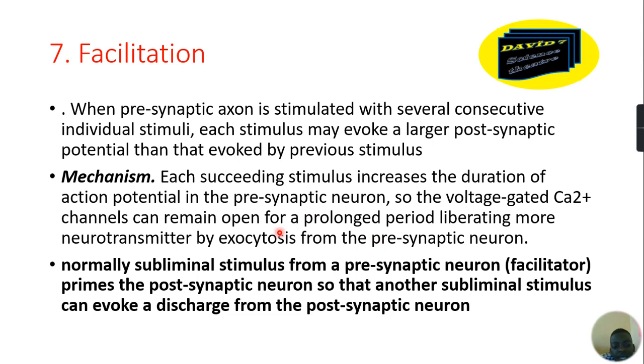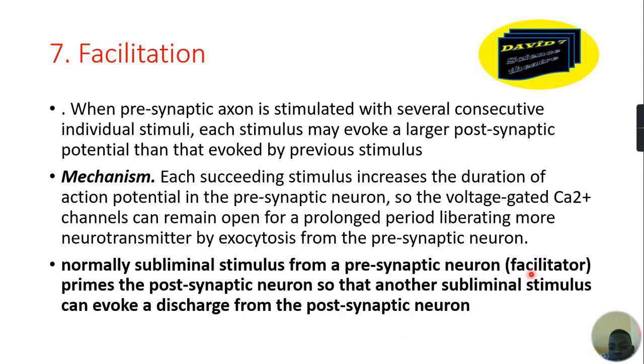And normally, a subliminal stimulus from a presynaptic neuron, call it a facilitator neuron, primes the postsynaptic neuron so that another subliminal stimulus can evoke a discharge from the postsynaptic neuron.